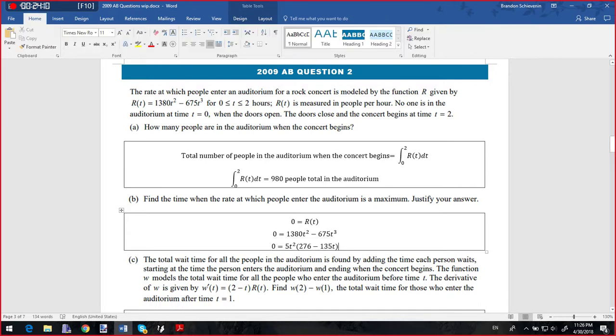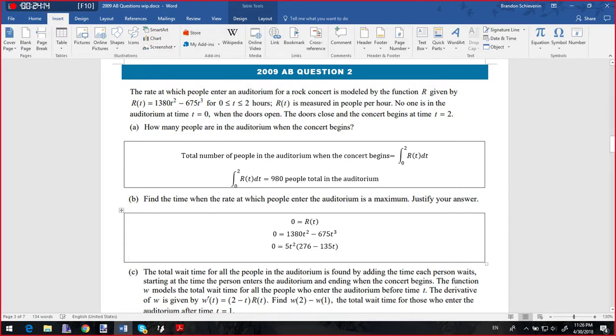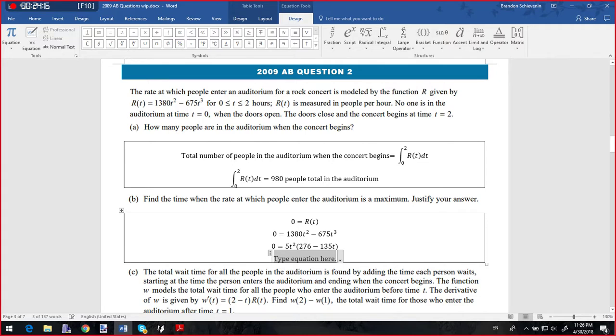Okay, so I've got 2 points where the slope is 0. The slope could be 0 at the point 0, or I could set 0 equal to 276 minus 135t and say that t is equal to 276 divided by 135.